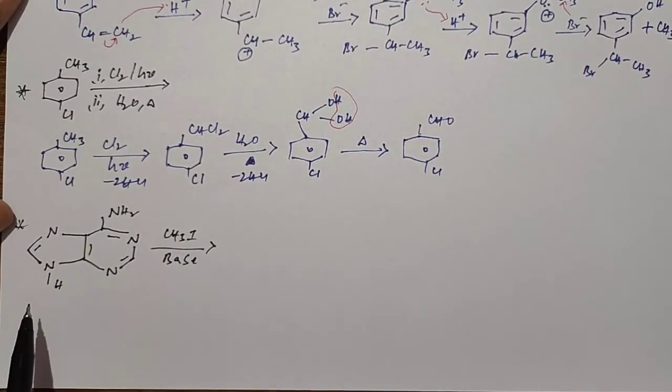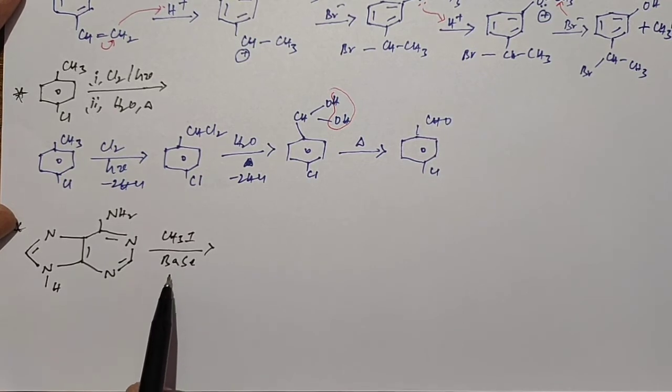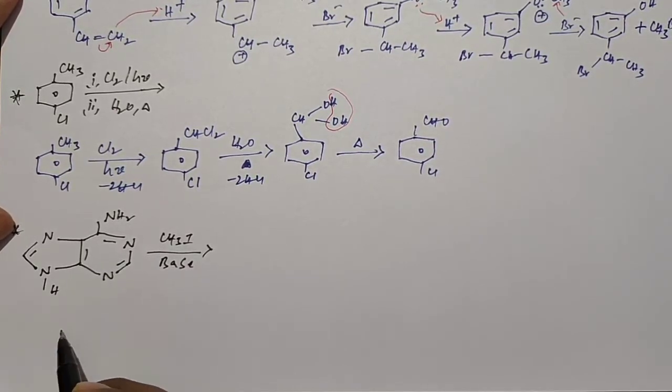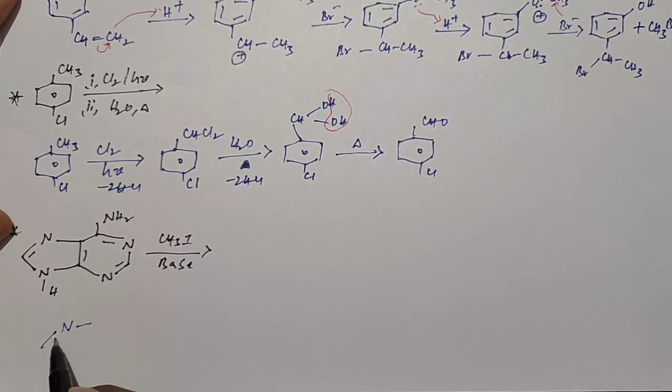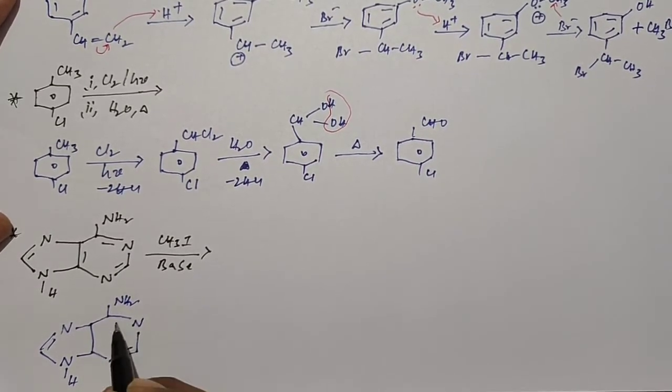Okay friends, this is the next miscellaneous reaction. So this compound reacts with methyl iodide in presence of strong base. So we just see how it is reacted together. Okay, so this is the given compound.